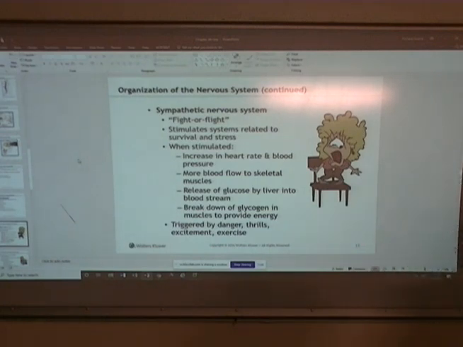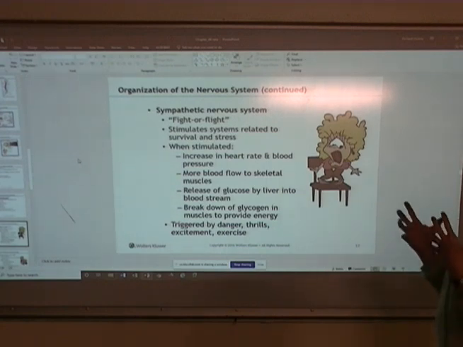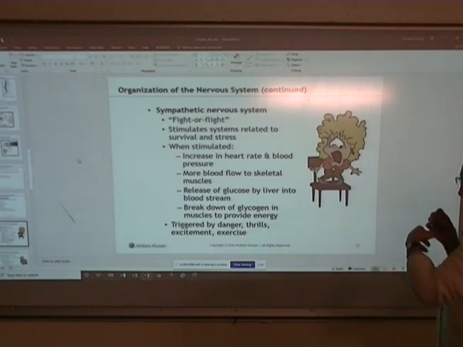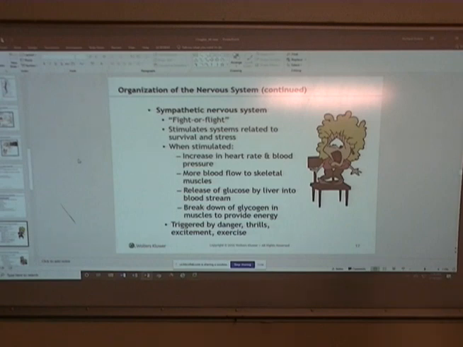So we get an increase in heart rate, an increase in blood flow. We divert the blood flow away from the kidneys and the digestive system, and we divert it towards the muscular system.